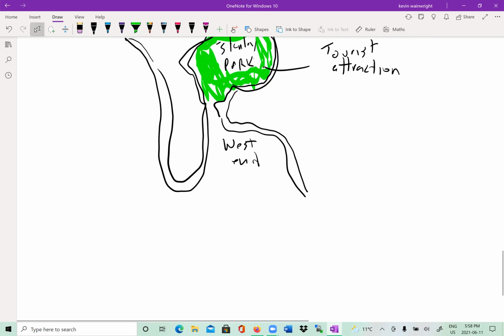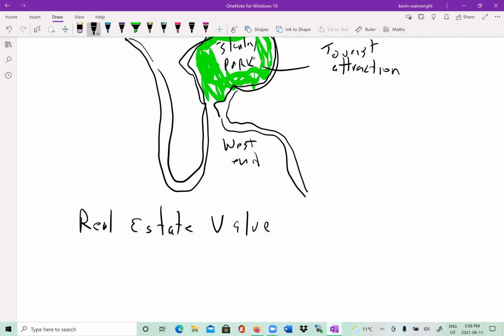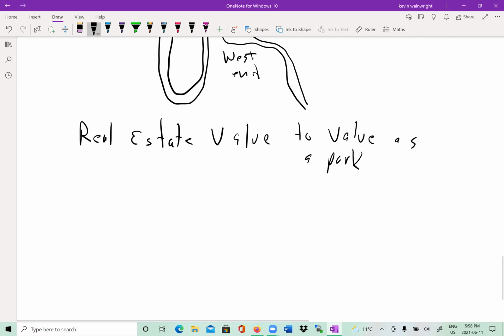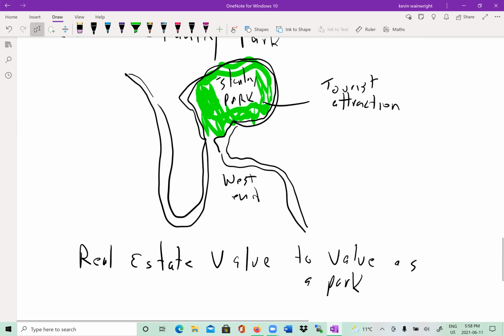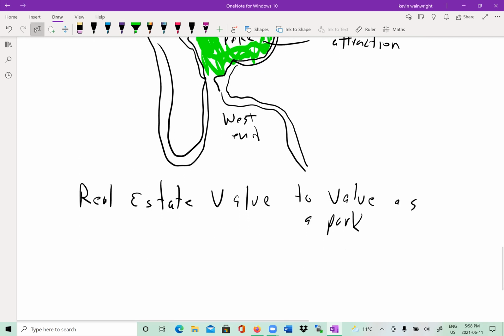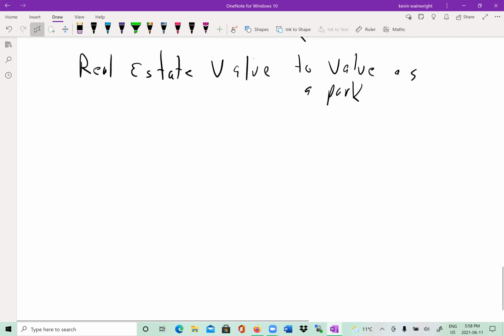So we have to compare the real estate value to the value as a park. Problem is that the park is, for the most part, free. There's a couple of paid events in the park, but for the most part, you can enter the park for free.